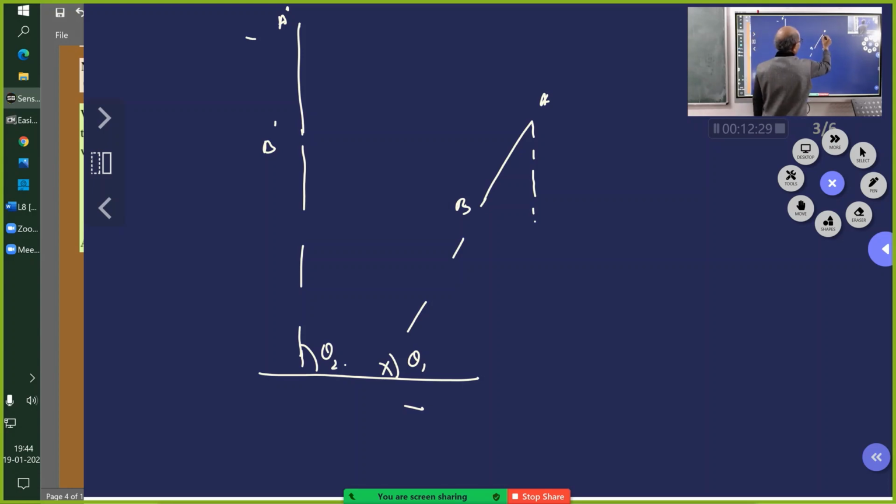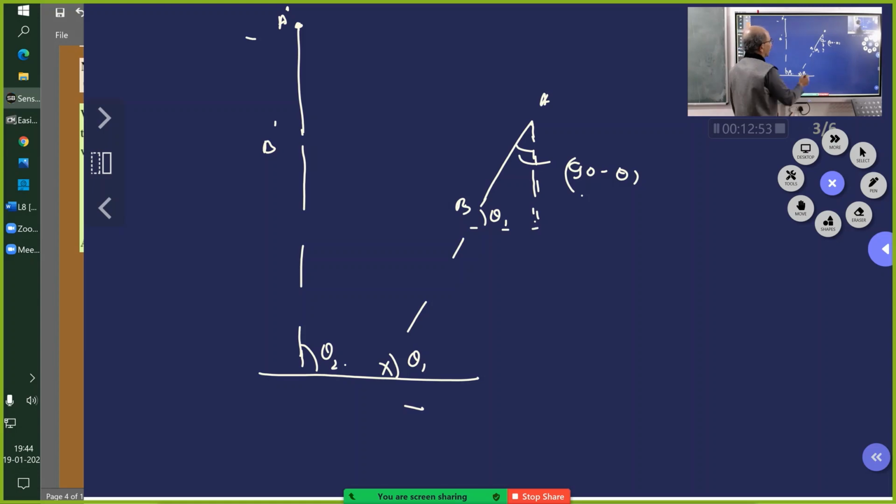This line that I have drawn here is parallel to A dash B dash, and therefore this angle is again θ1 and this angle now becomes 90 minus θ.